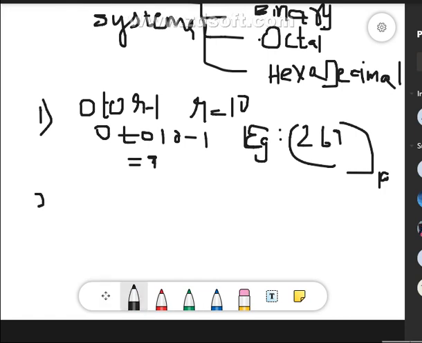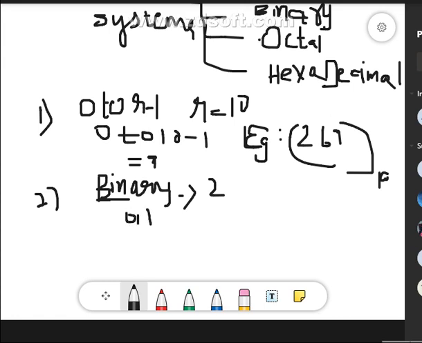Next one, binary number. Here the word bi means 2. That is, you have to use only two digits here, either 0 or 1.